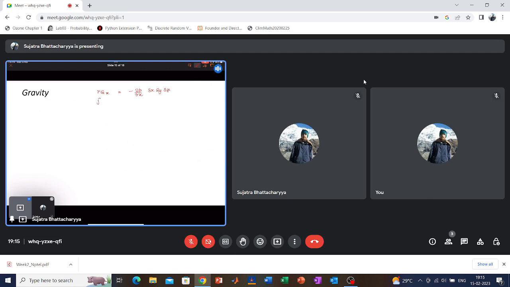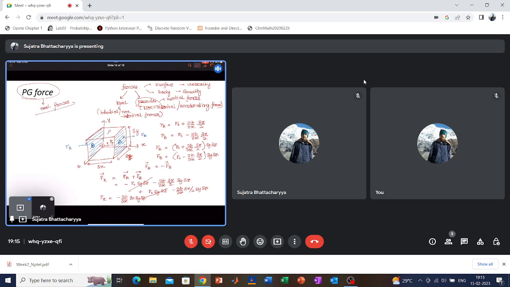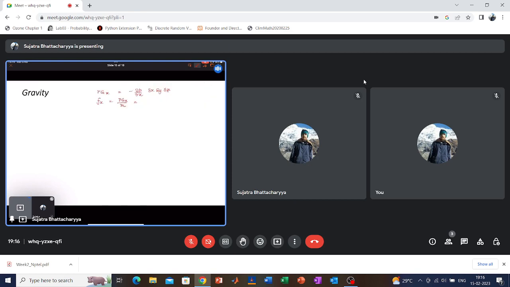Now if we write Fx equal to Pgx divided by the mass, if the density of this particular box is rho, then we can write it as minus 1 by rho delta x delta y delta z, that is density into volume, which is mass, into delta P delta x into delta x delta y delta z. So what I am writing here is the pressure gradient acceleration. So minus 1 by rho delta P delta x is the pressure gradient Fx, the pressure gradient acceleration.